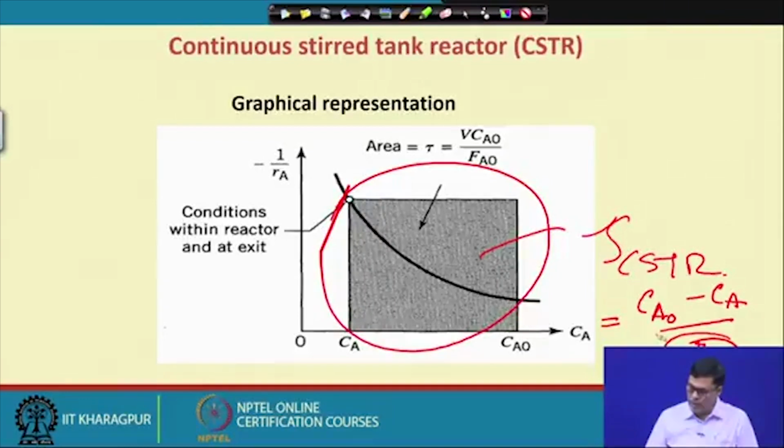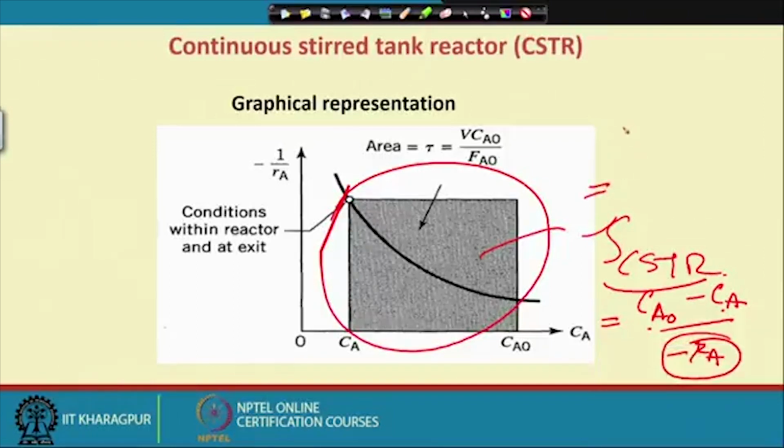So if you know Ra and Ca0, we can easily find out the tau CSTR. Now tau CSTR is equal to V by F. If you know the flow rate, you can easily find out the volume of the reactor. That is exactly what I was saying: if you can do reactor analysis, you can find out the volume of the reactor in any kind of production process.